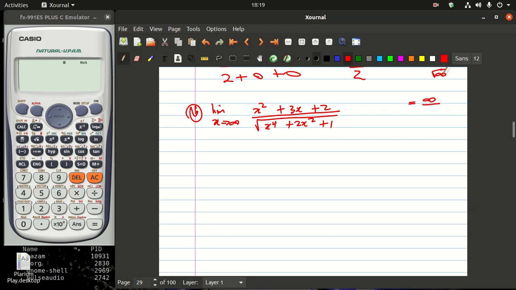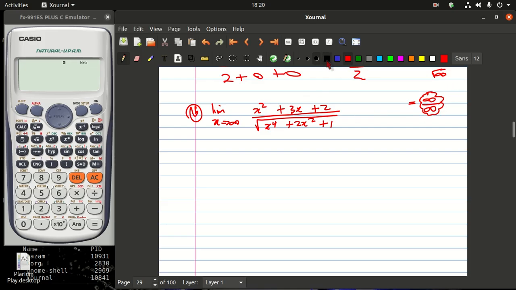Because that's just a big number, whether you take the square root of it or square it, you still get infinity. So we end up having infinity over infinity, which is another indeterminate form. So how do we remove the part here that gives us this indeterminate form?